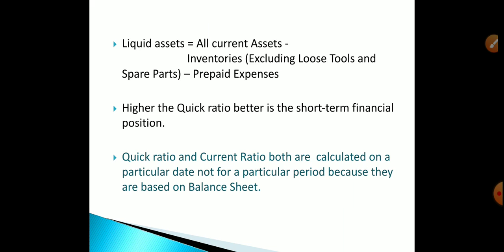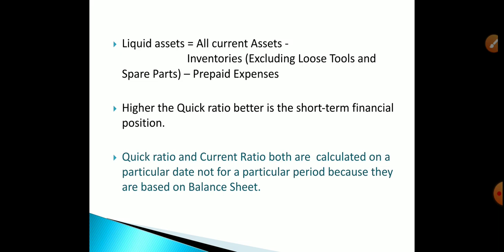Because we are giving emphasis on the ready availability of cash in the case of liquid ratio. But the inventories will take some time to be converted into cash and bank balance. And it is also uncertain how much time it will need to realize cash or cash equivalent. So that is why we are excluding inventories from the current assets.